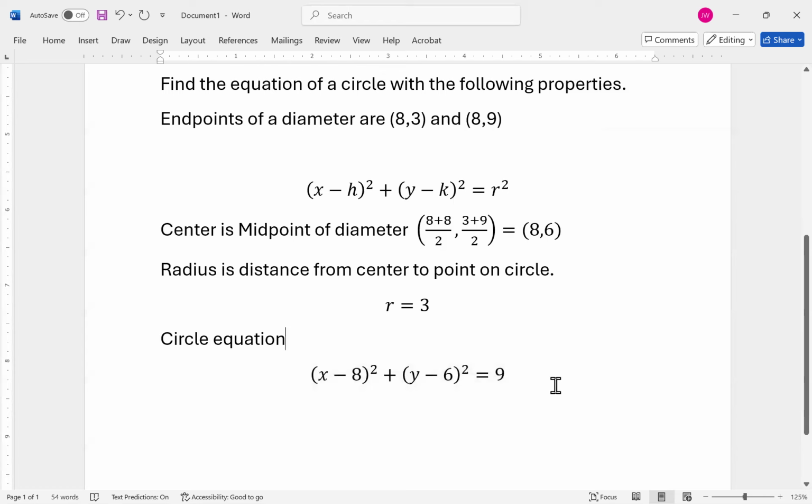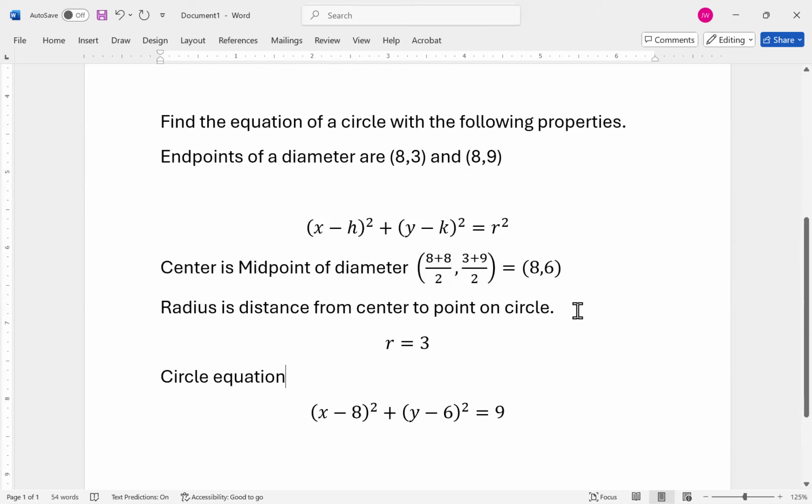Center is the midpoint of the diameter, radius is the distance from the center to some point on the circle. Here we have 2, and you can measure both distances. So that is the second type of problem, finding an equation for a conic section.